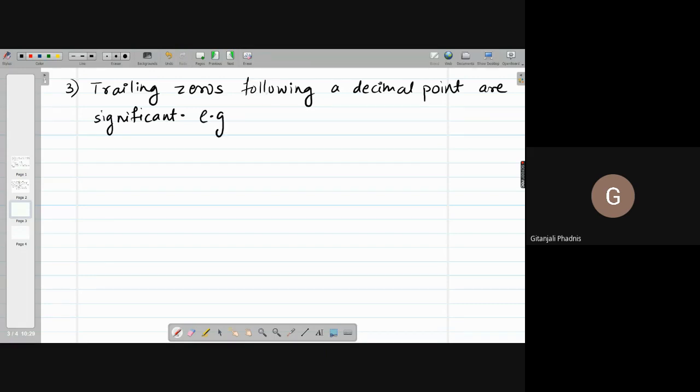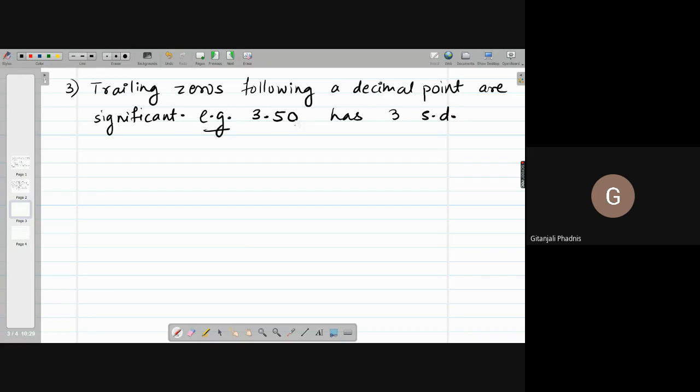For example, trailing zeros following a decimal point, that means after the decimal point. So if I write 3.50, it has 3 significant digits.